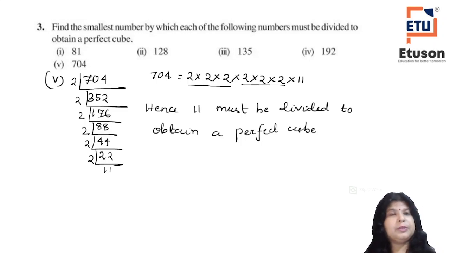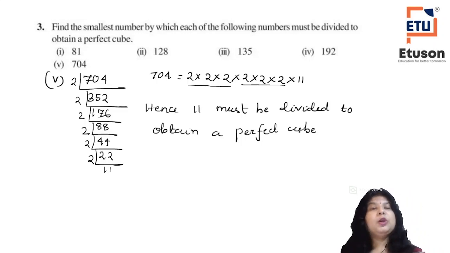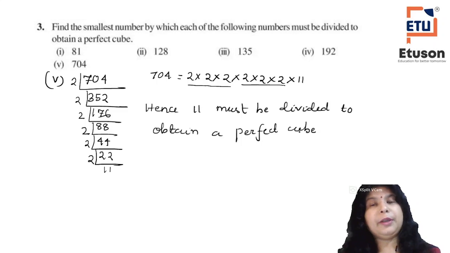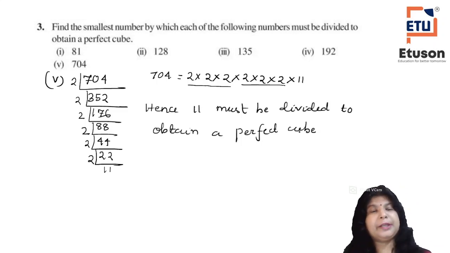So again I am just telling you in brief, when you have to find out which number has to be multiplied to obtain a perfect cube, you are trying to add the factors to form a set of 3. You are trying to find out the number.